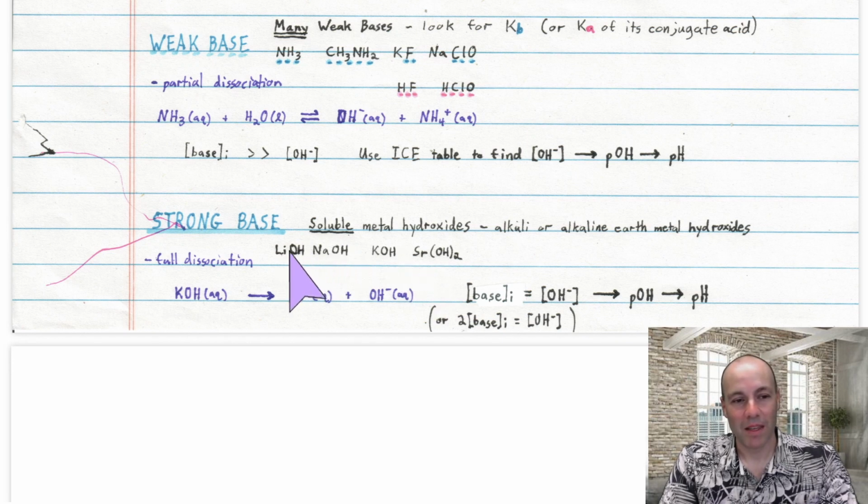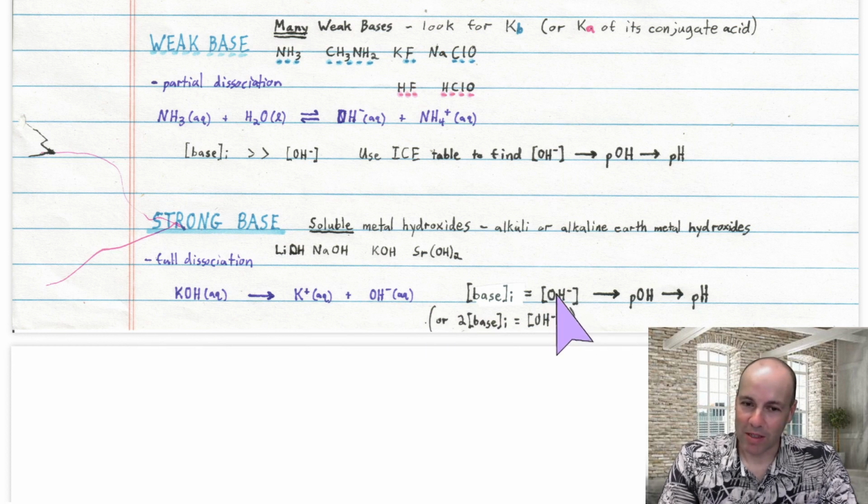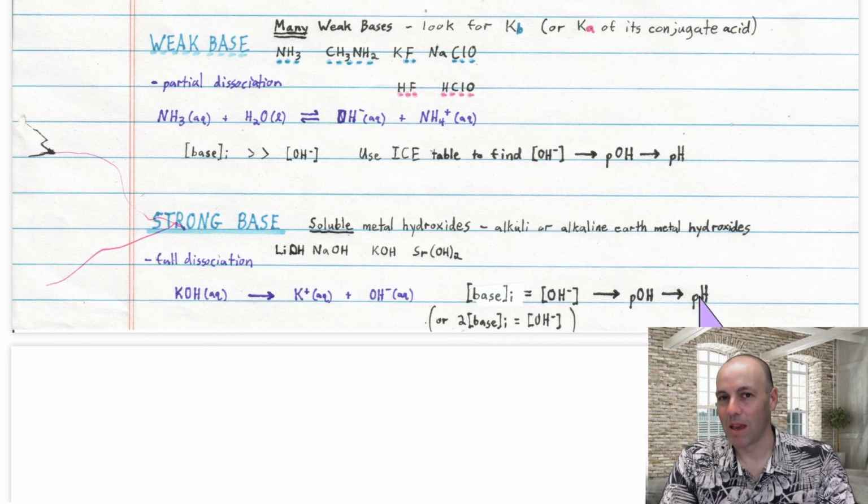So these will fully dissociate in water, like potassium hydroxide, all of it will produce potassium ions and hydroxide anions. So if you know what the molarity of your potassium hydroxide is, you immediately know what the molarity of your hydroxide is. And so since the initial base concentration equals the hydroxide concentration, you know what this is, and you can calculate the pOH and then the pH.